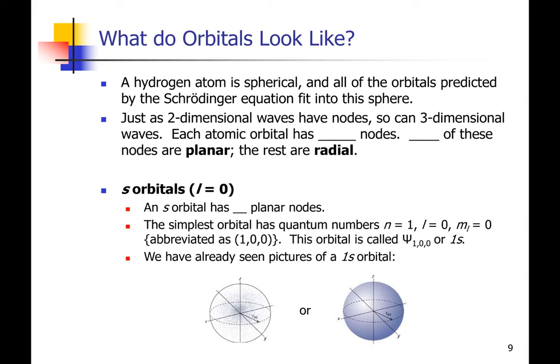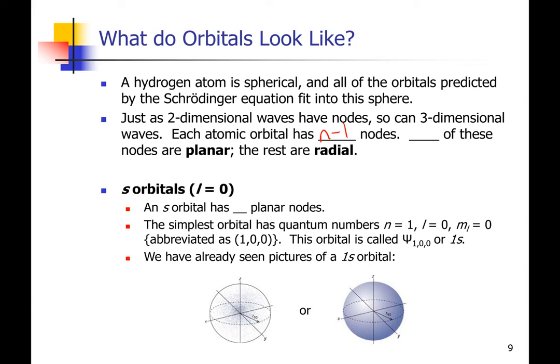Every atomic orbital has one fewer node than its principal quantum number. So since the energy gets higher as the principal quantum number gets higher, also the number of nodes gets higher as the principal quantum number gets higher. And it will be important in Chem 2000, this concept that energy is actually related to number of nodes.